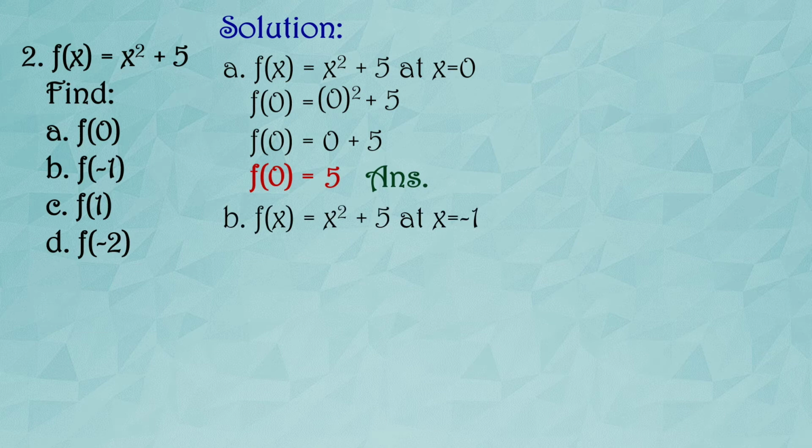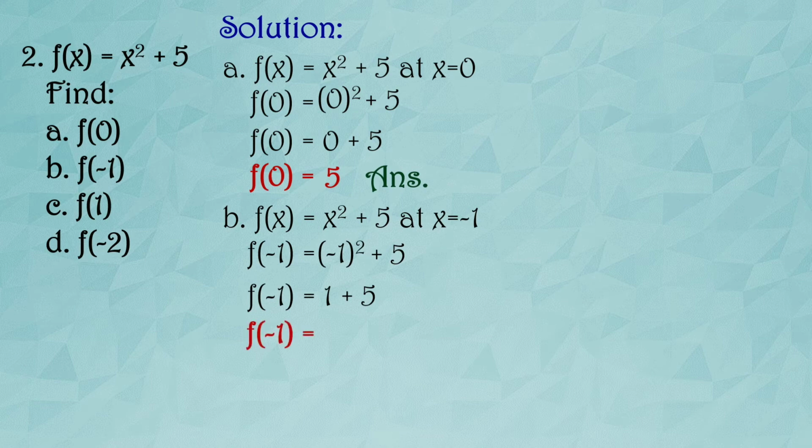Letter B, f of x equals x squared plus 5 at x equals negative 1. We replace x with negative 1. So, negative 1 raised to 2 is equal to 1. So, it becomes 1 plus 5. The value of the function at x equals negative 1 is 6.